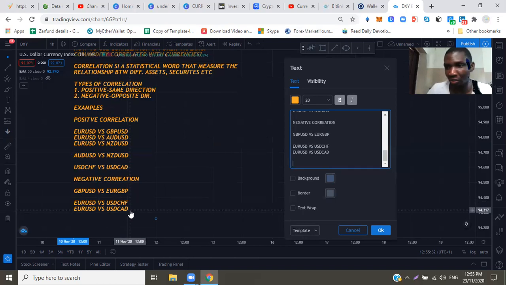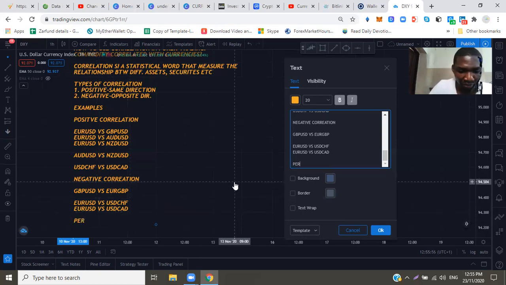They never go in the same direction. So I can never take a buy trade on EURUSD and a buy trade on USDCHF. It will not work eventually. One of them will lose, right? So if you're taking two trades and it's more like a guarantee that one of them will lose, what is the point of taking the trade? There's no point, all right?